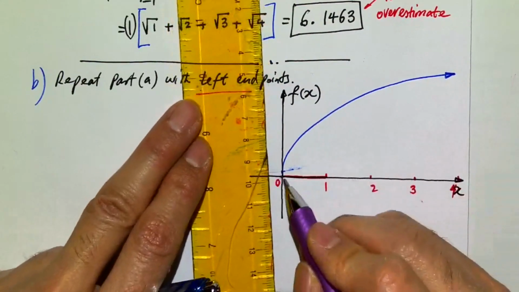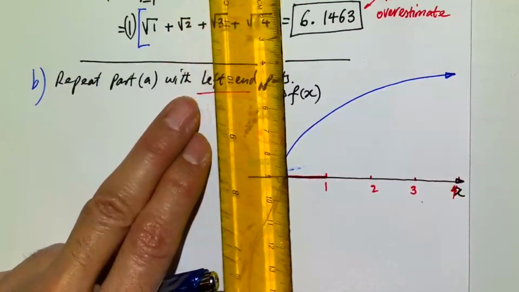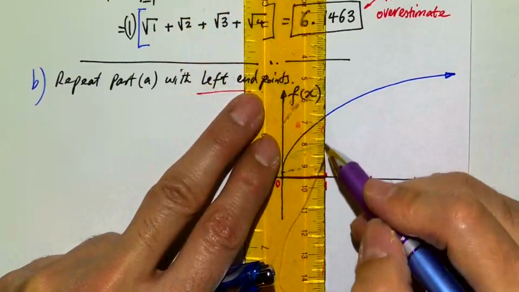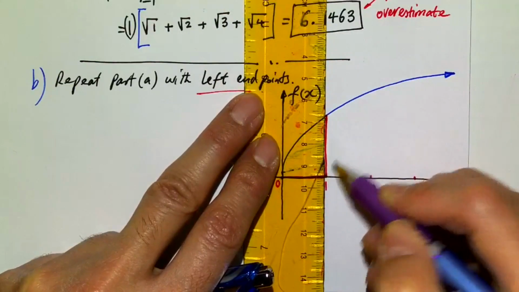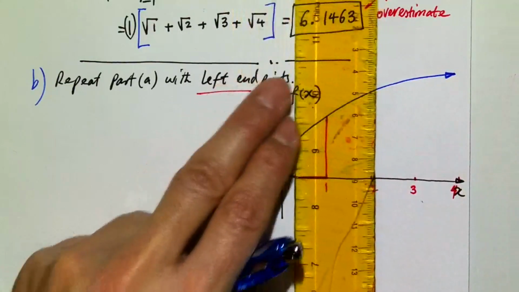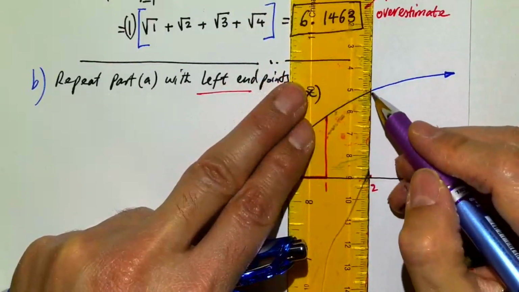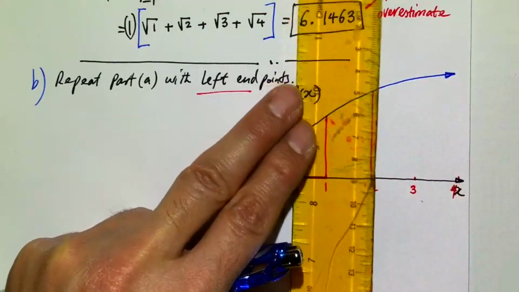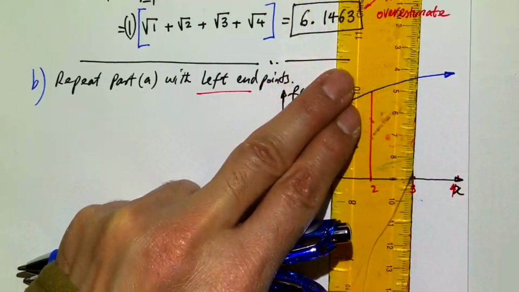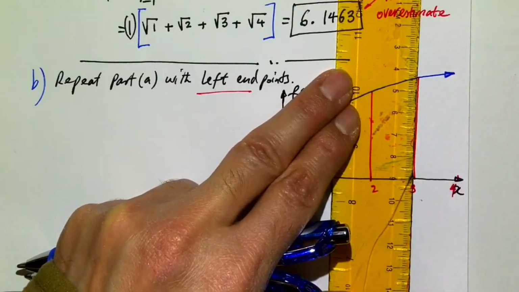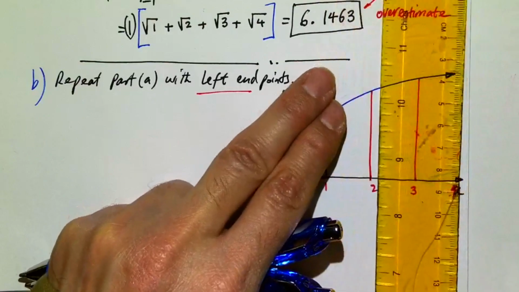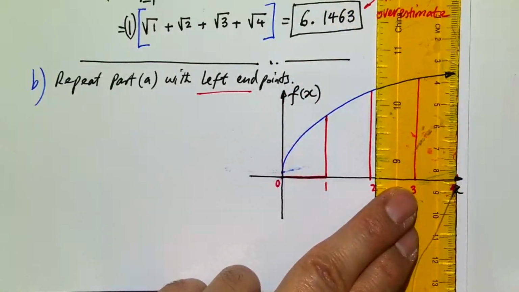All right. So that's the left point of that. And then the left point of this rectangle would be this. And that. And then, of course, the last one would have the left side here. And then here.